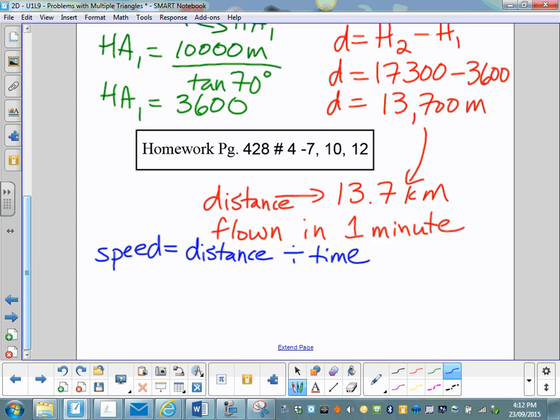So if we're going to calculate the cruising speed, we are at 13.7 kilometers per minute.